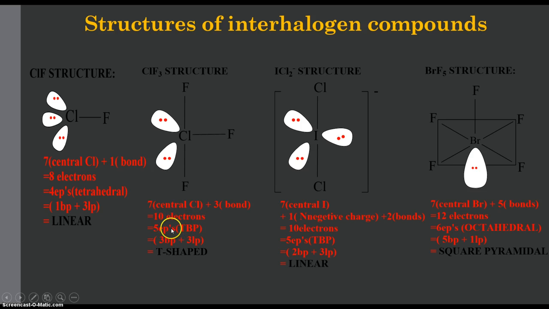10 electrons means 5 electron pairs, so structure should have been trigonal bipyramidal structure. Okay, if you consider this lone pair, the structure is looking like a trigonal bipyramidal, right?